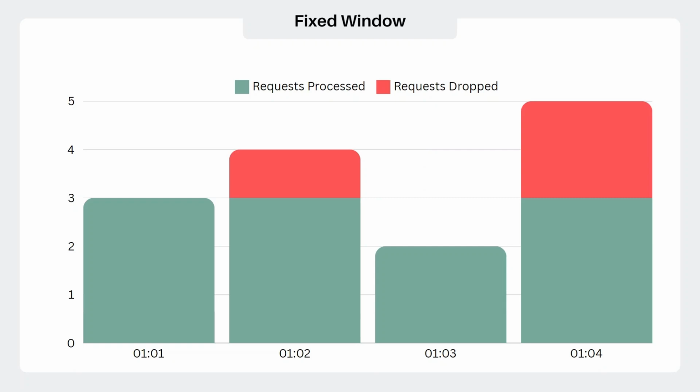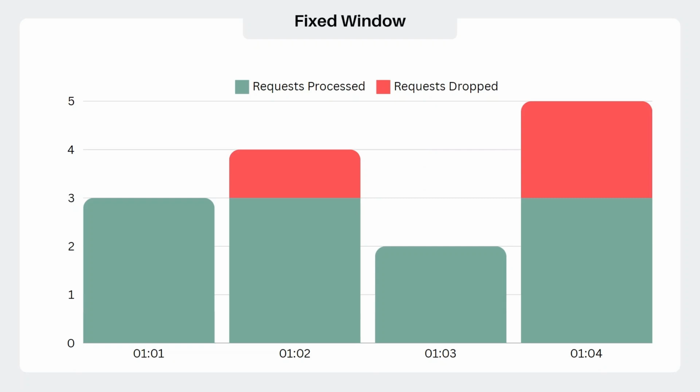If there are additional requests apart from 3, those would be dropped, and if there are 3 or fewer requests, those would be accepted. You can see here at time 1 there were 3 requests, so they were accepted. At time 2 there were 4 requests, so 3 were accepted and 1 was dropped. Similar is the case with the others. So this is how fixed window works.